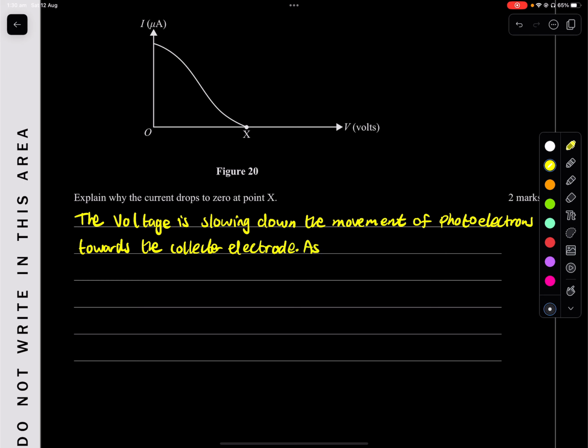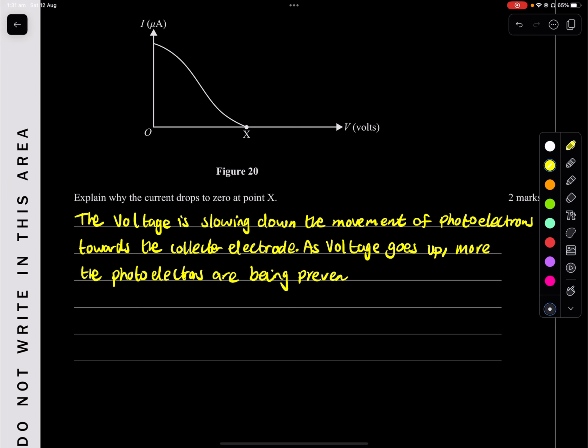So as voltage goes up more and more, more of the photoelectrons are being prevented from reaching the collector.